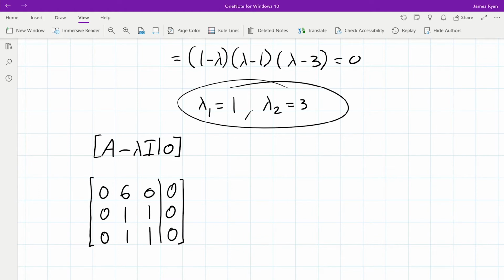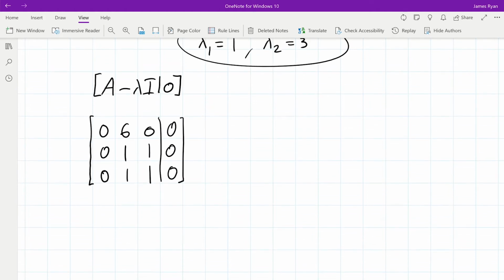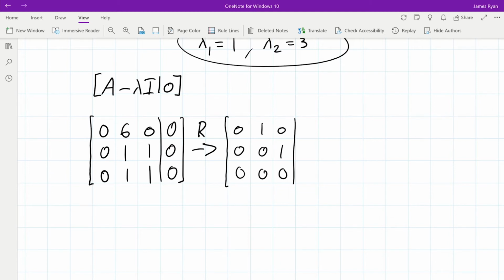And then it's quite easy to see that if we were to do a sequence of row operations on here, call it R, we could easily obtain the matrix 0, 1, 0, 0, 0, 1, 0, 0, 0, bar 0, 0, 0. And this sequence of row operations is relatively easy to follow.